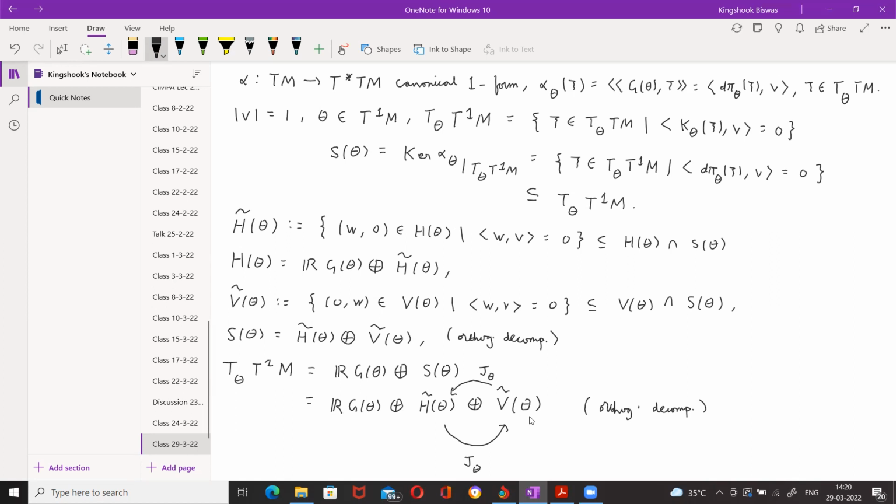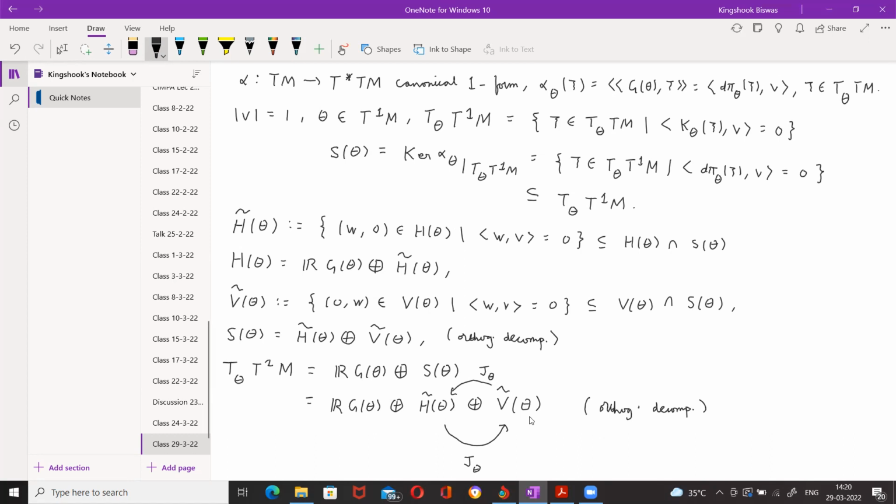Is this clear? Yes, because W0 will go to 0W, where W is perpendicular to V. Is it clear? Yes. Right? Okay.